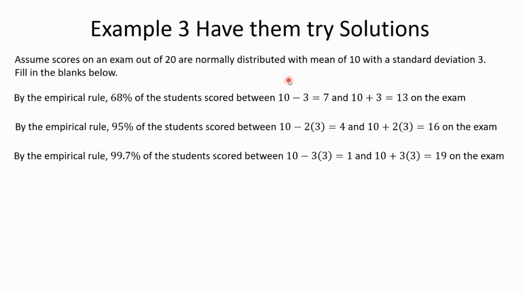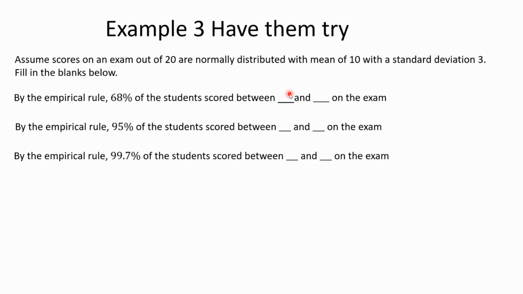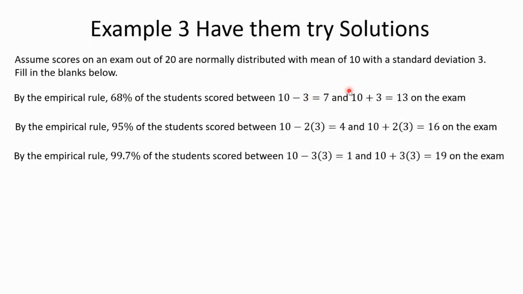Now, we want to fill in the blanks here, right? Between what values do 68% of the data lie? Well, remember, just like in the other examples, you want to subtract and add the standard deviation to the mean.